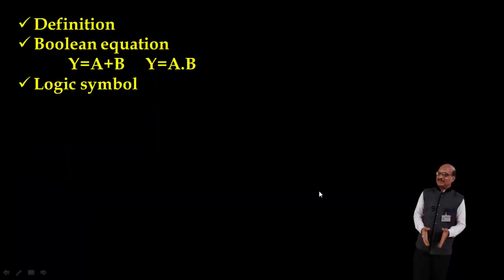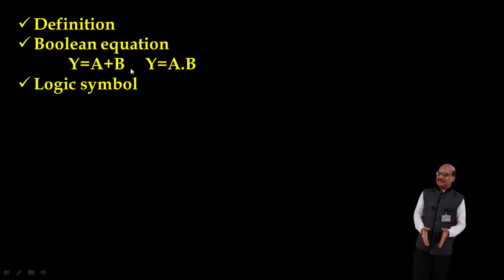logic gate. Now, when we are going to study the logic gates in this topic, we study these gates by using the points. Firstly, we define the gate, or we give the definition of the gate. Secondly, we see what is the Boolean equation for that logic gate.